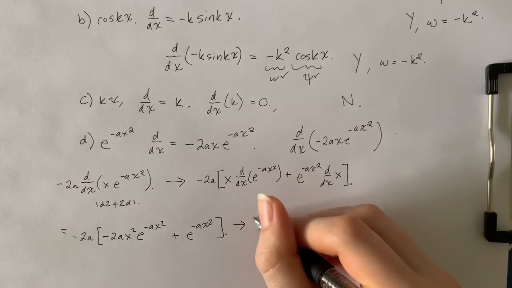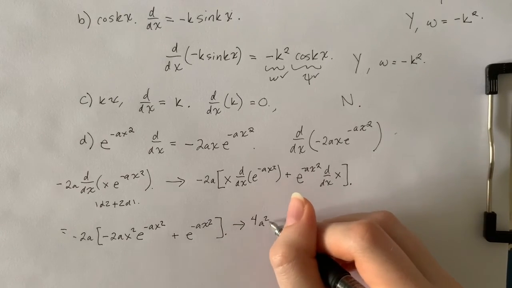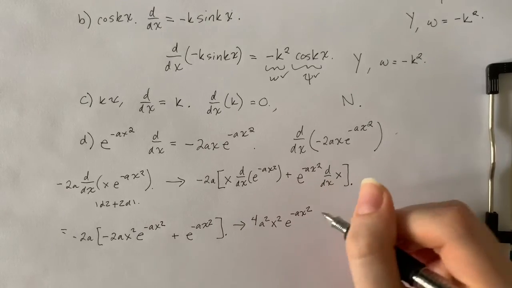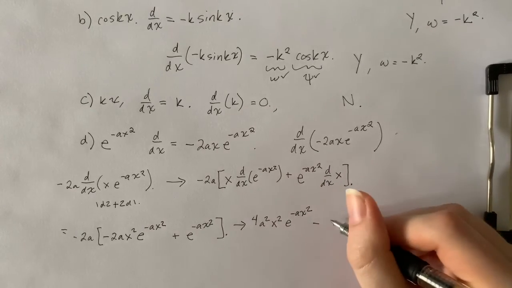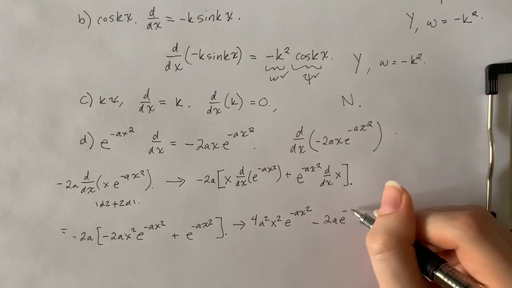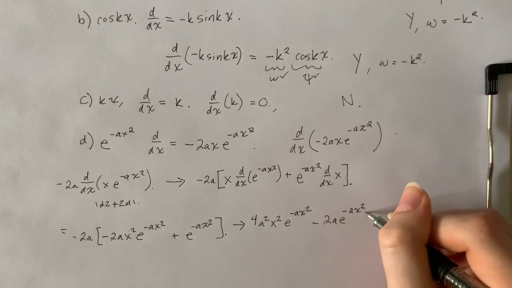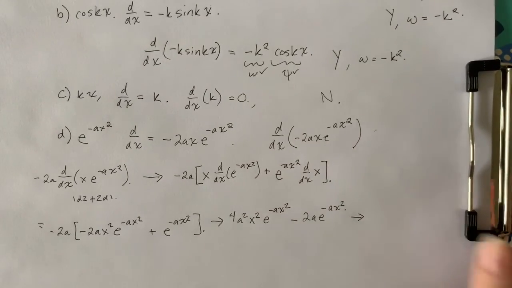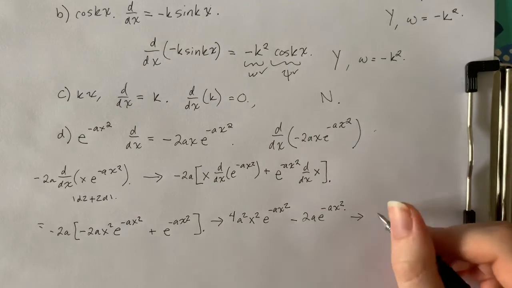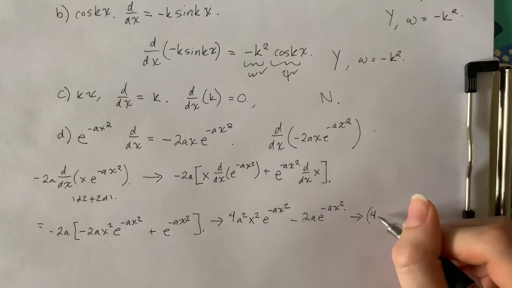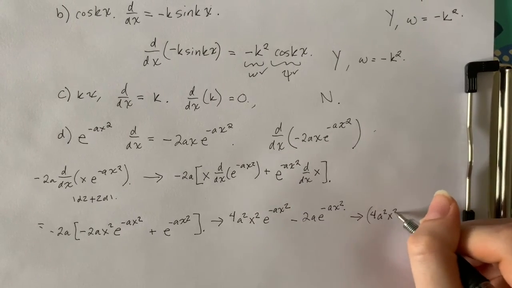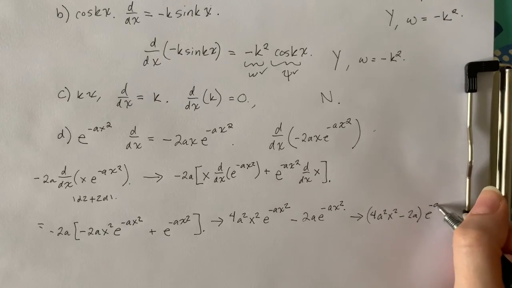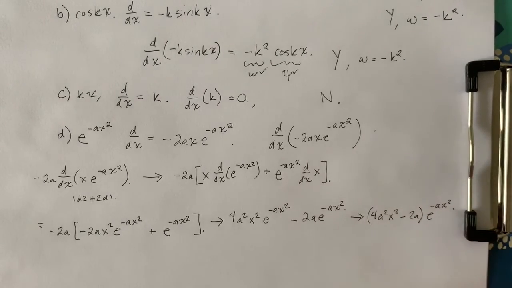Distributing, we get 4a squared x squared e to the minus ax squared, minus 2a e to the minus ax squared, which finally, condensing, factoring out these exponential values, we get 4a squared x squared minus 2a, times e to the minus ax squared.